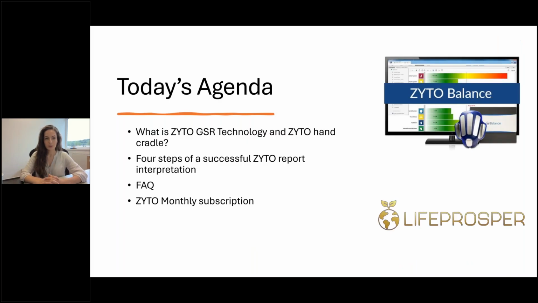What are we going to talk about today? Today we're going to talk about what Zyto GSR technology and the Zyto Hand Cradle are. We are also going to go through 4 simple steps of successful Zyto report interpretation with your client. This will give you an image of how your consultation with your client can look, including the Zyto technology.